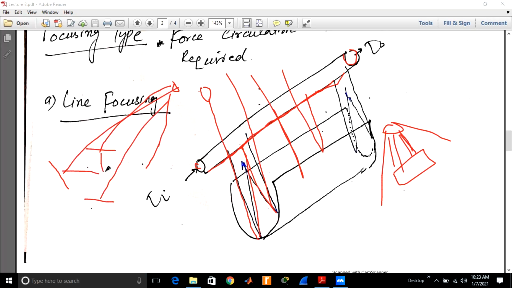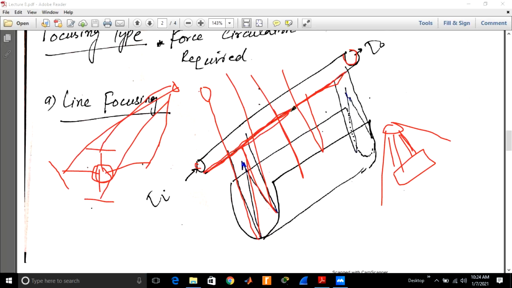They focus all of them into this area. In this area there is water, and it steams up, and we use the steam turbine. So similarly, here when the rays come from the sun, they will be focused on the line. So this is called line focusing.